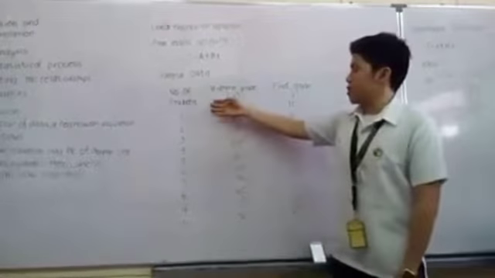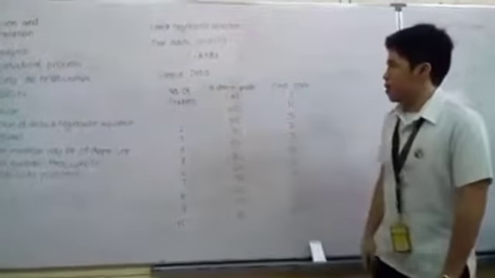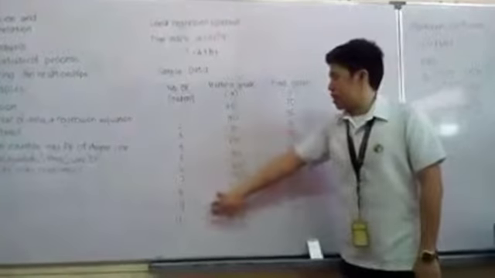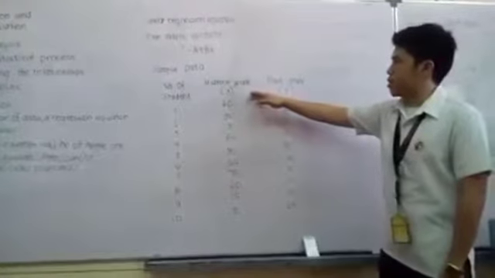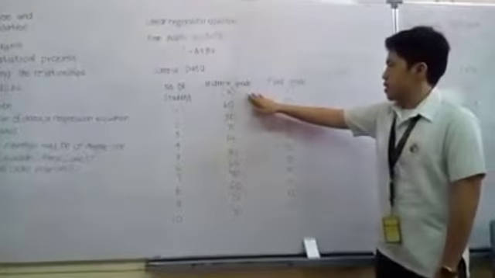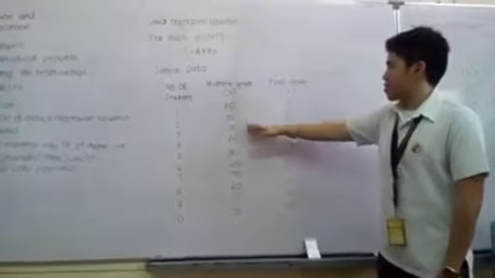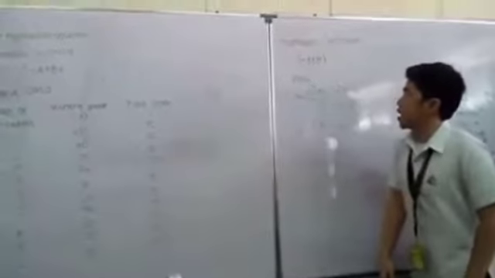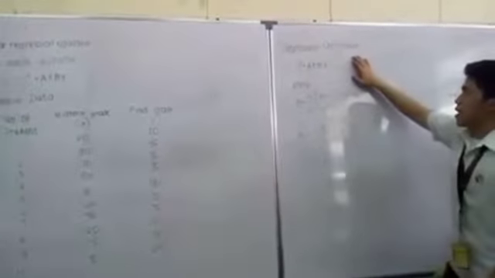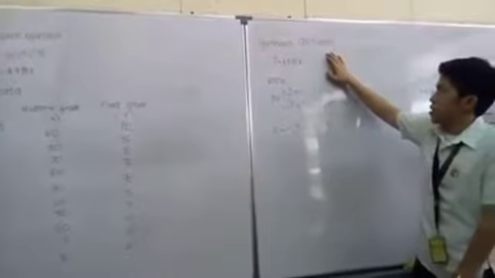Given a sample of data with a number of students of 10, which has their midterm grade as x and their final grade as y. To get the linear regression of this sample data, we must use the regression coefficients.